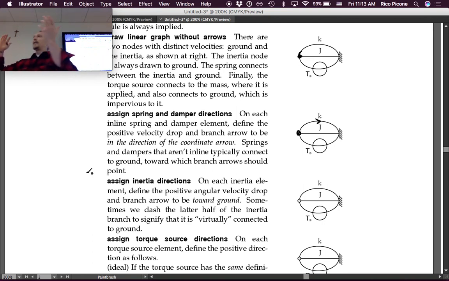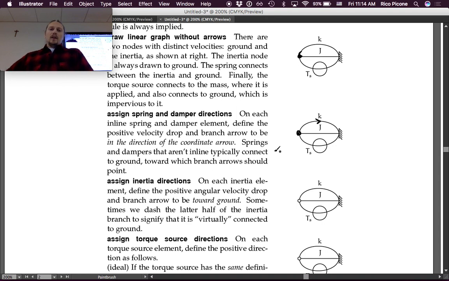So some sort of housing. And that's typically going to be fixed, or a reference velocity typically. So that's what we mean when we say that they typically connect directly to ground: they go from the shaft velocity as one side to the chassis on the other side.